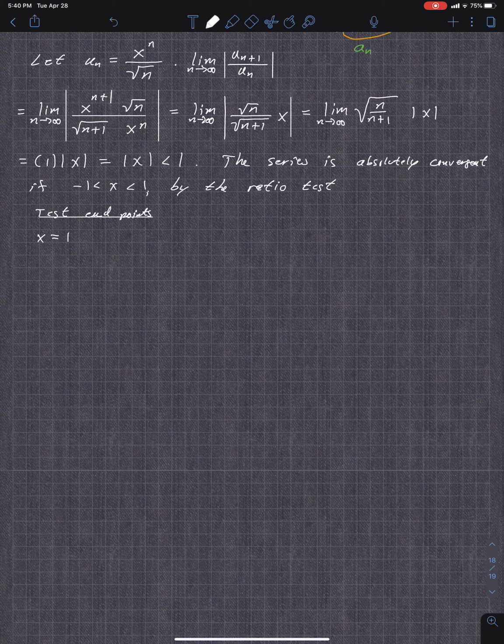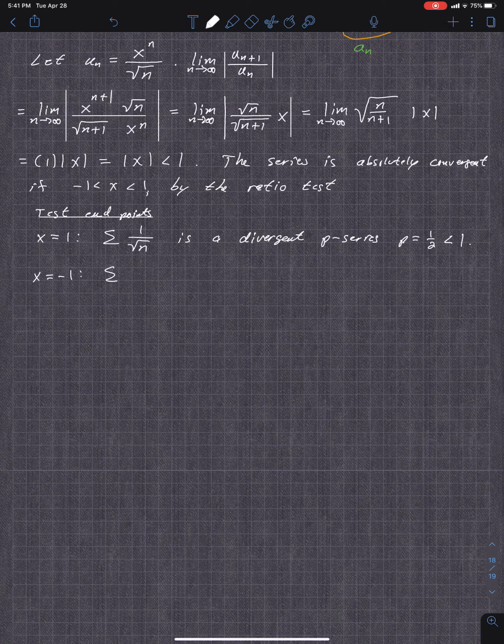So x equal to 1. We're looking at this sum of 1 over root n. All right, so what type of series is that? I'm just putting in 1 for x. Ponder that for a second. So that is a divergent p-series, p equal to a half, less than 1. All right, so then if x is -1, what's going to happen?